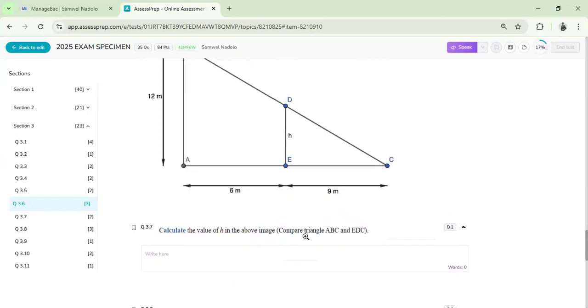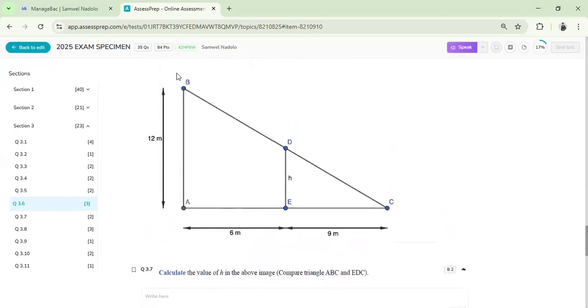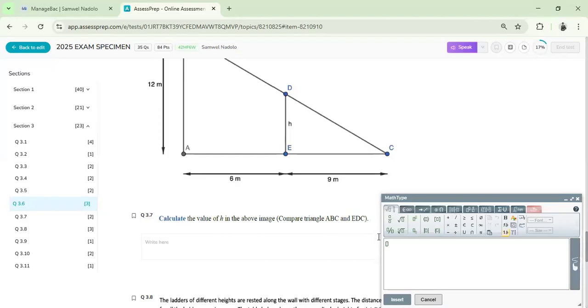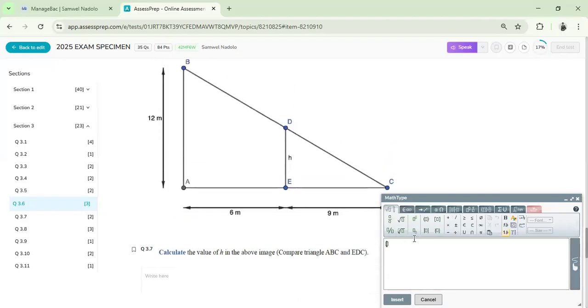So we have to compare triangle ABC and EDC. Okay, so this is a concept on similar triangles. I can choose triangle ABC and say AB divided by AC should be equal to, that is for the larger triangle, the smaller triangle, because they are similar by RHS, right angle, hypotenuse and side.